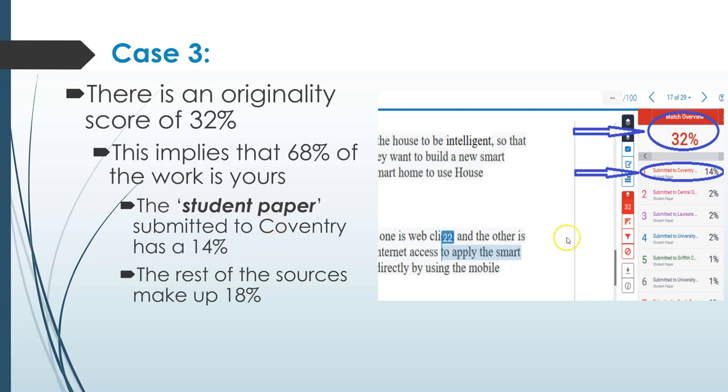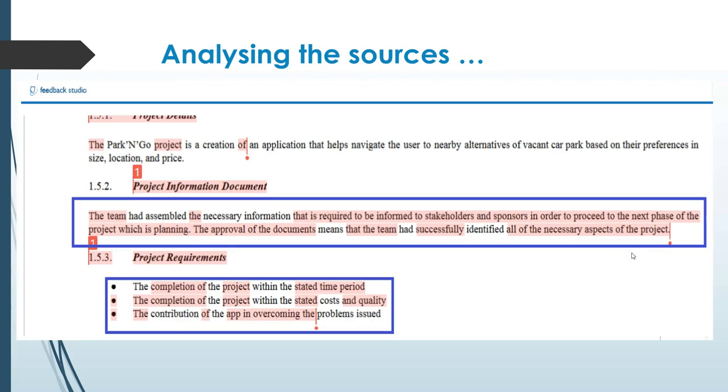For this source, I have not captured all the sources. You can see 22 here, meaning we have up to 22 sources or more used by the student. Now let's start analyzing these sources. This is what it looks like, and this has been highlighted. This is fine. This is the PID, Project Information Document, so I would not bother with this.